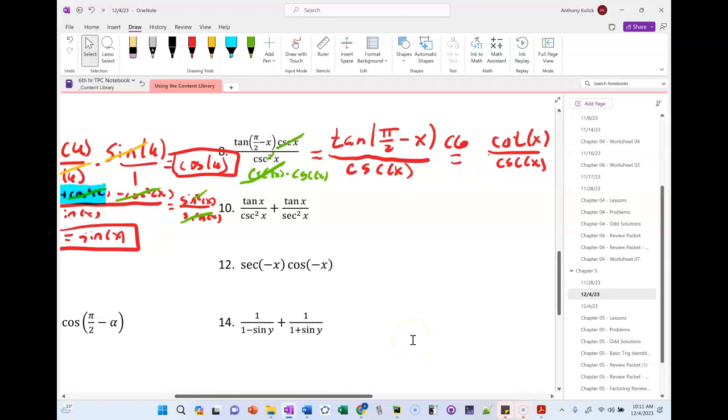I think this is the sneakiest one. Algebra identity, what are we thinking?